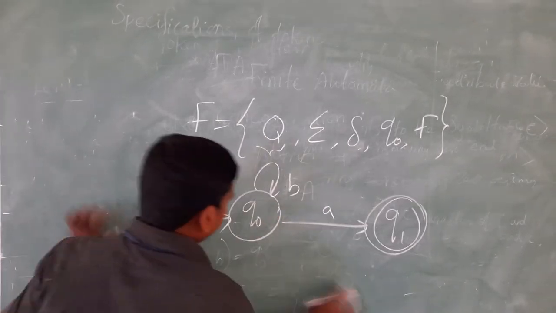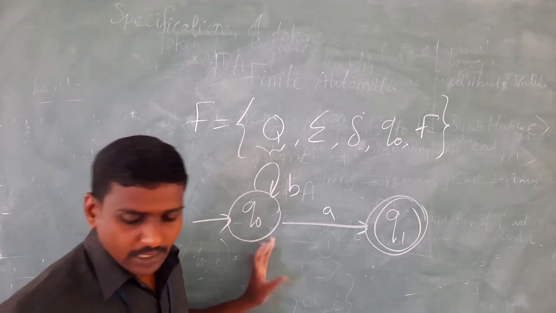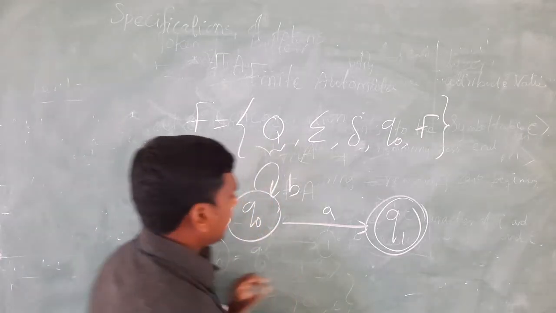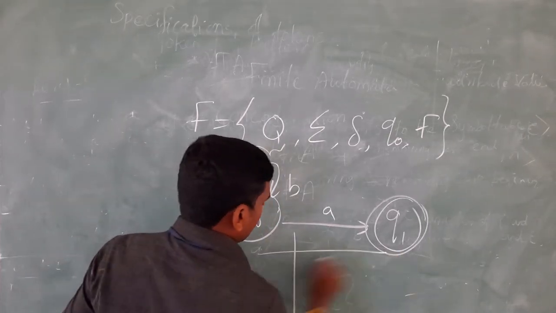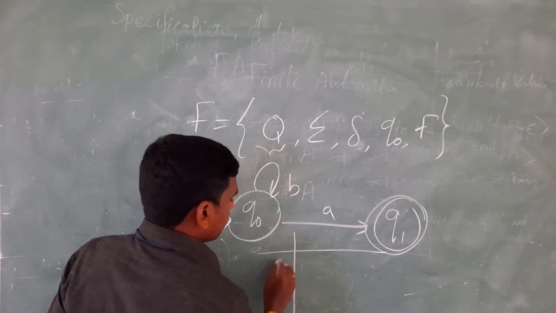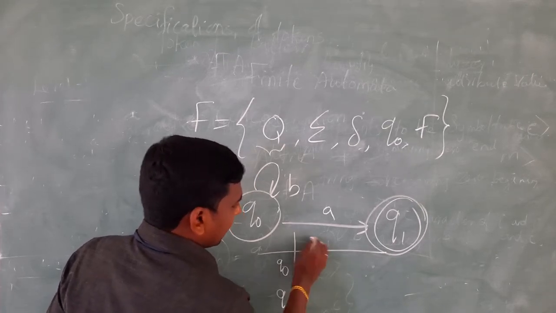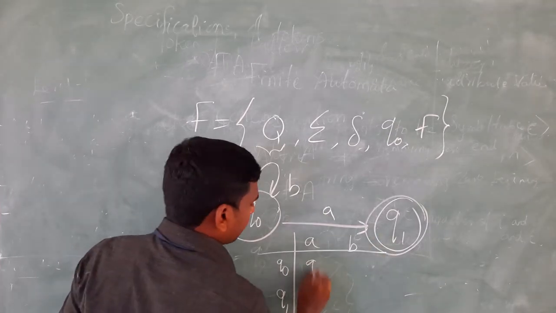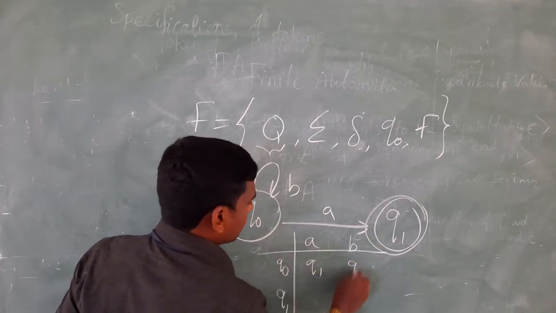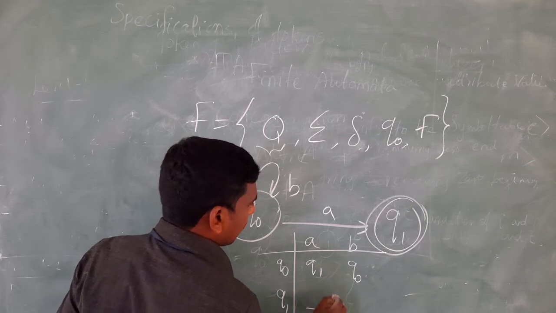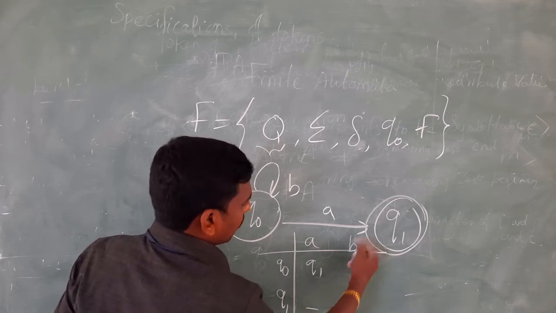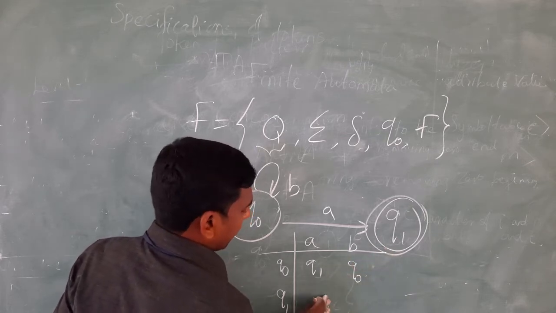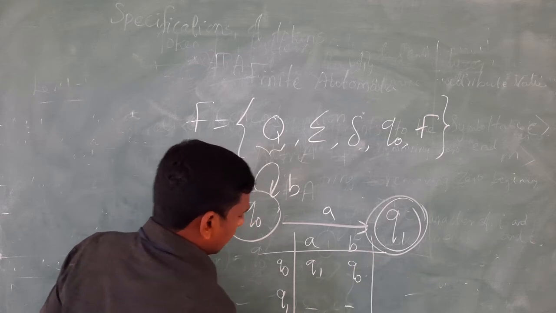And this is a transition diagram, and you can also write a transition table, which I told you. Here are the states, that is q0, q1. Here are the input symbols a and b. q0 reads a, goes to q1. q0 reads b, goes to q0. q1 reads a, does not go anywhere. q1 reads b, doesn't go anywhere. Okay, so here also empty.